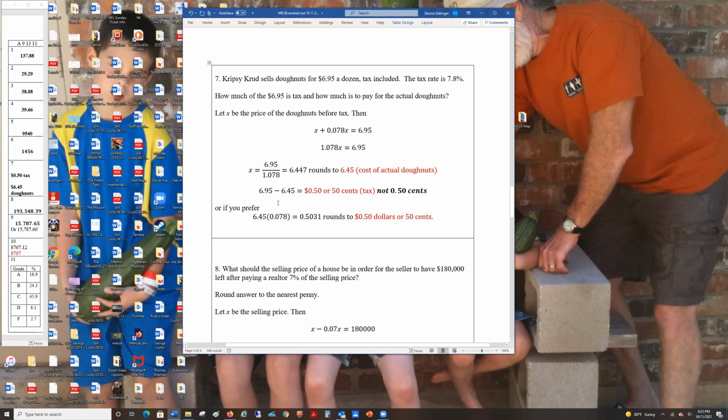You can calculate the tax by simply subtracting the donut price from the full $6.95 price, and that's $0.50 or 50 cents, but not 0.50 cents. 0.50 cents is a half a penny. And if you want, you can multiply the cost before tax by the 0.078 tax rate and get, again, 50 cents.